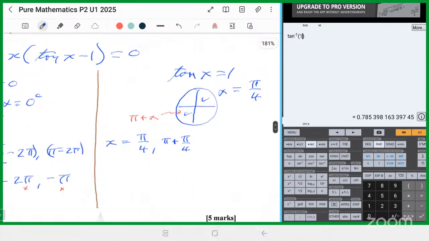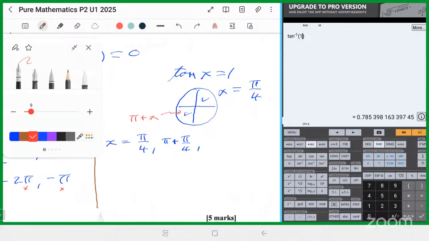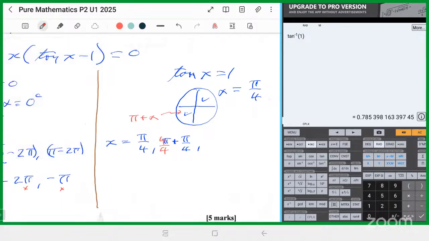Right? And then, to get the negative angles, we're going to subtract. Well, this works out to be 5 pi by 4. Right? This is 4 pi over 4, so it's 5 pi by 4 right here.